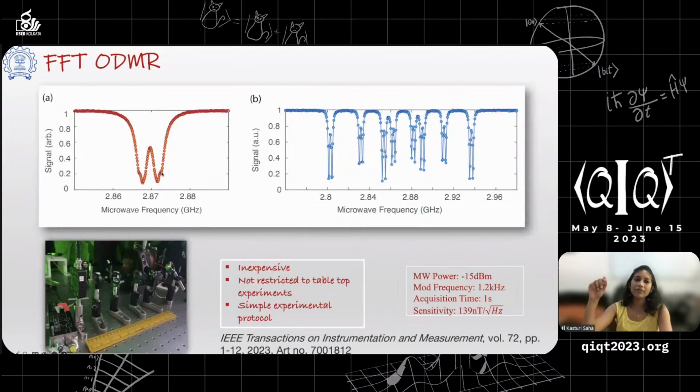If you take the FFT and then take the maximum of that FFT at each point, you can really get back the signal. The interesting part is that you don't have to do any synchronization or any switching; nothing is needed. You can just take the optical light on the photodetector, take an FFT of the signal, and get back the signal very nicely, with a sensitivity of 139 nanotesla.